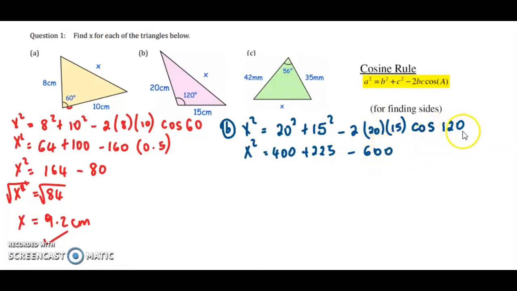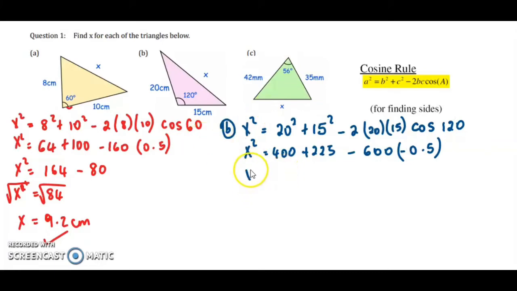You are going to convert the cos 120, so you're going to put in your calculator cos 120, and you should get negative 0.5. So again, ensure that you double check cos 120, negative 0.5.